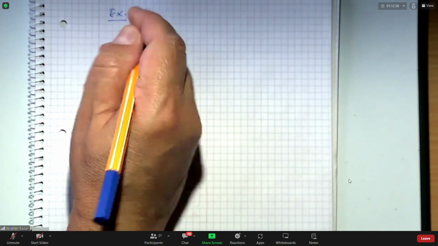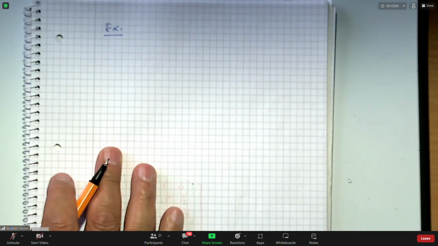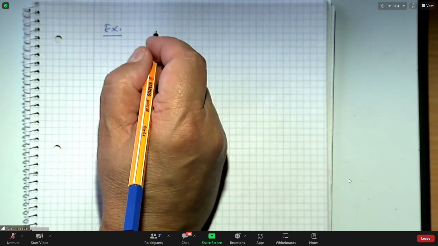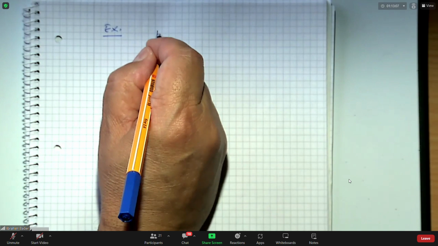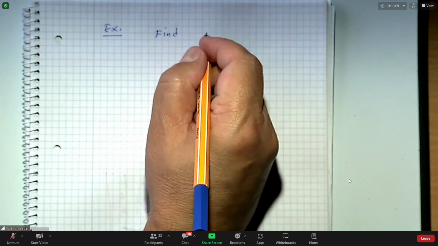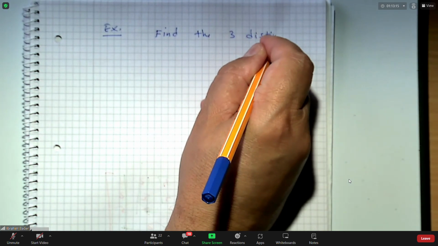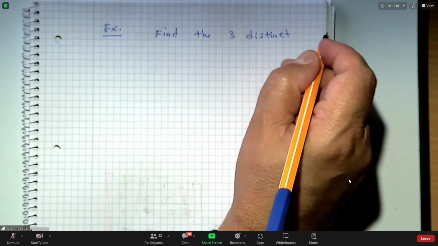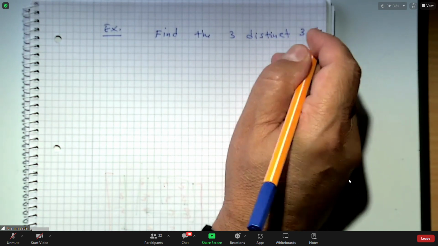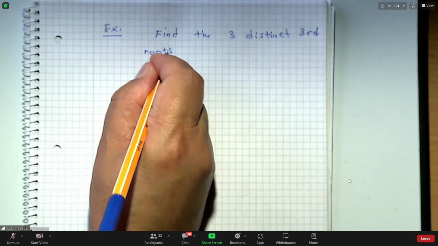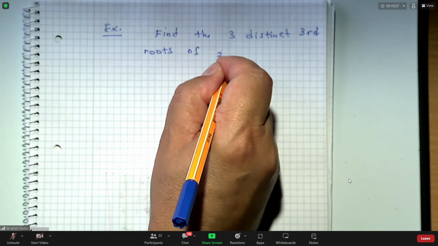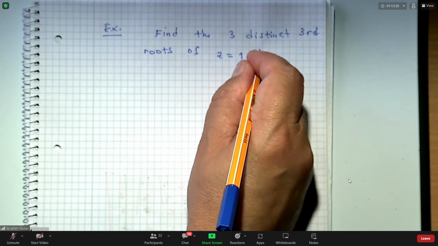Okay, let's take the same example we used before actually. It's just evaluating or substituting in the formula. After you find the polar coordinates, find three distinct third roots of the number z, let's say equal to the same number we used before.